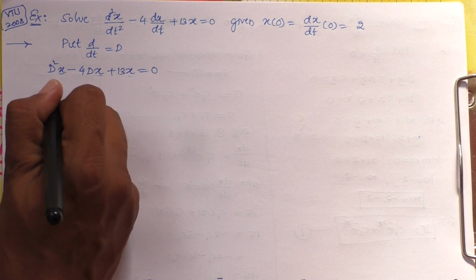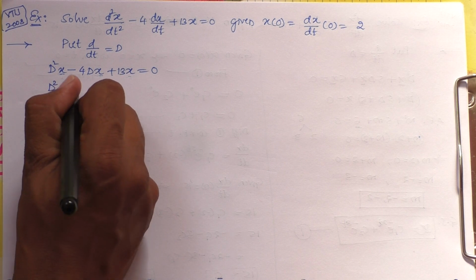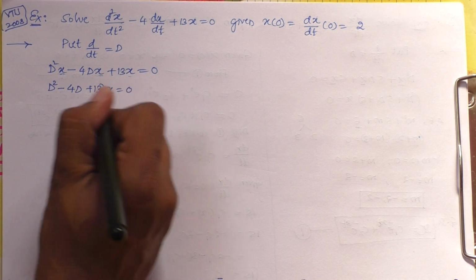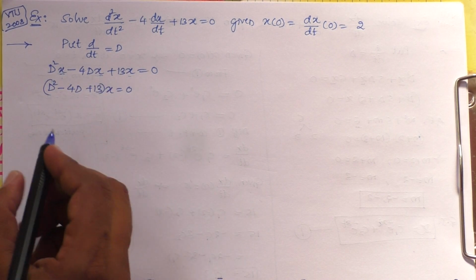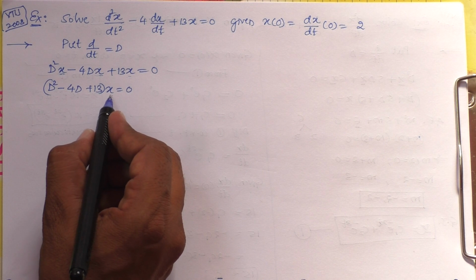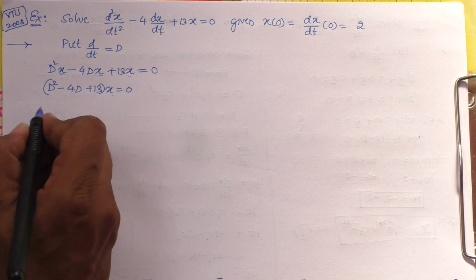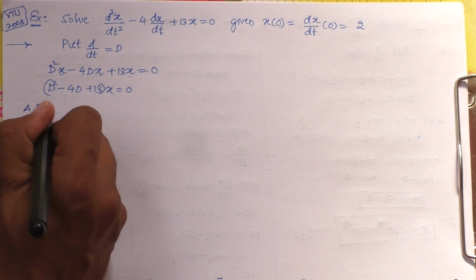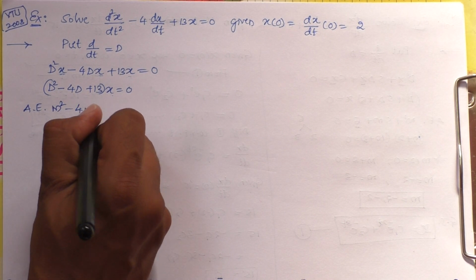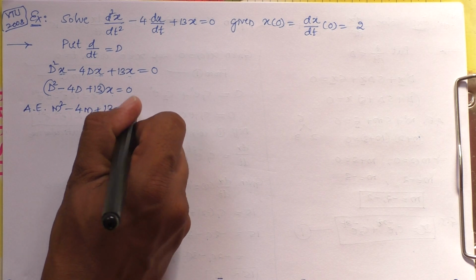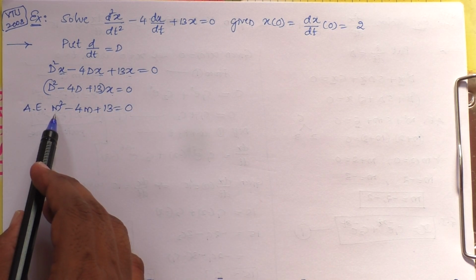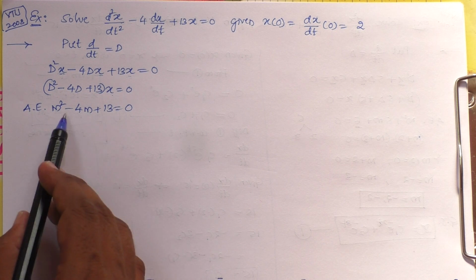If you take x common, we can write it as (D square minus 4D plus 13) x equal to 0. Here the product is 0 and x is not a non-zero term. So this implies the auxiliary equation can be written as, replacing D by m, m square minus 4m plus 13 equal to 0.